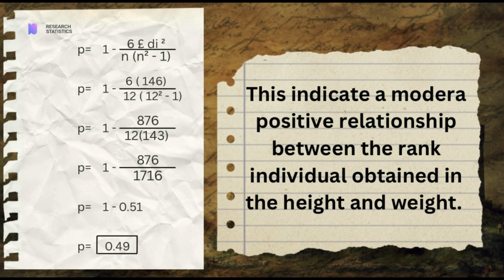So 1 to 5 is... 3 to 5 is moderate positive, and 1 to 3 is weakly positive because it is positive. That's why we put it as a moderate positive relationship between the ranks individuals obtained in height and weight.